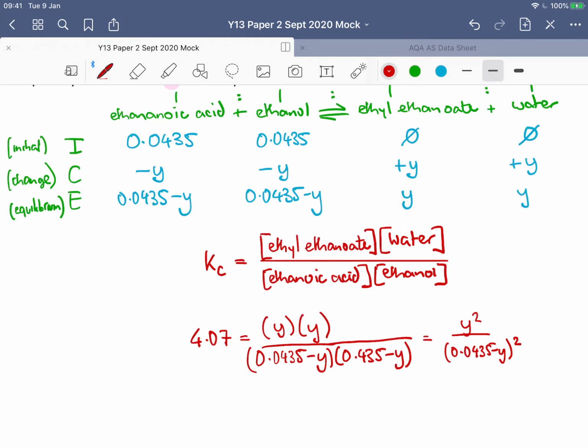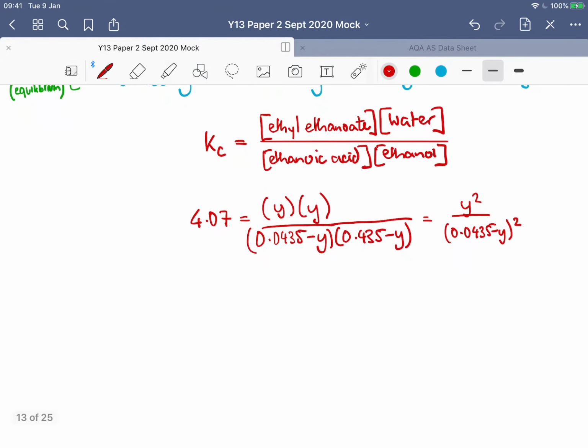A much, much simpler way now is to square root both sides. So if I square root the left-hand side, I get root 4.07 equals Y, the square root of Y squared, over 0.0435 minus Y.